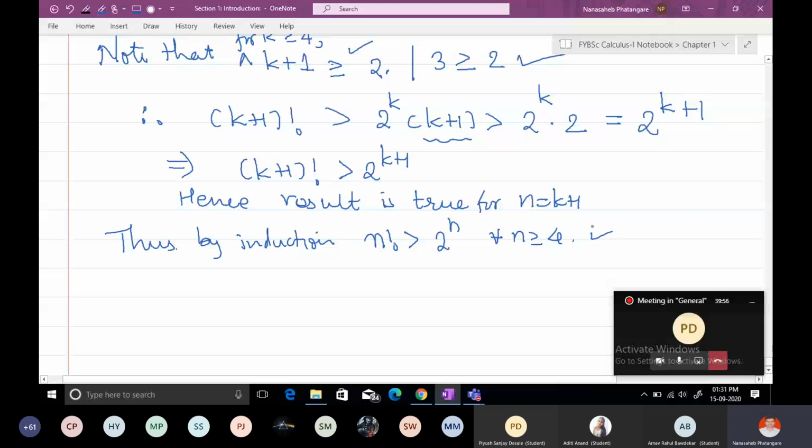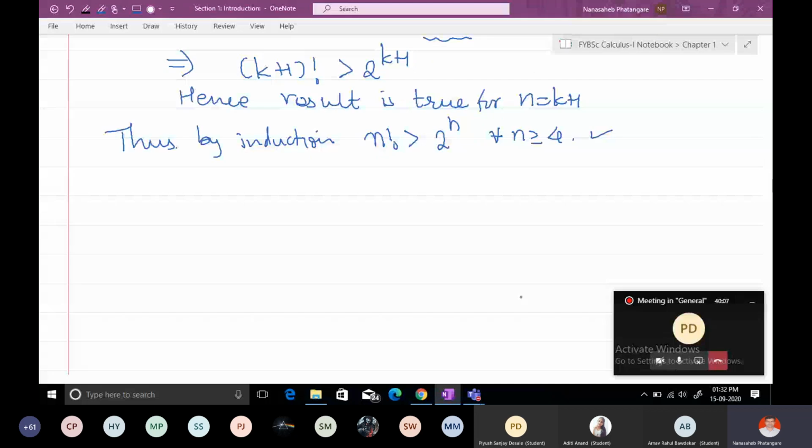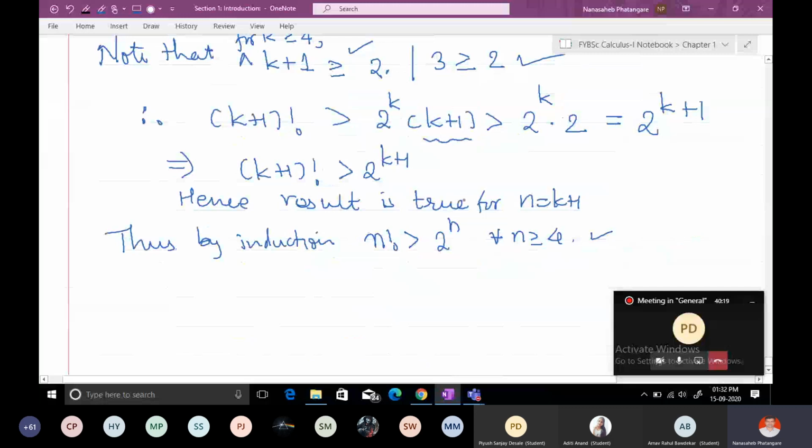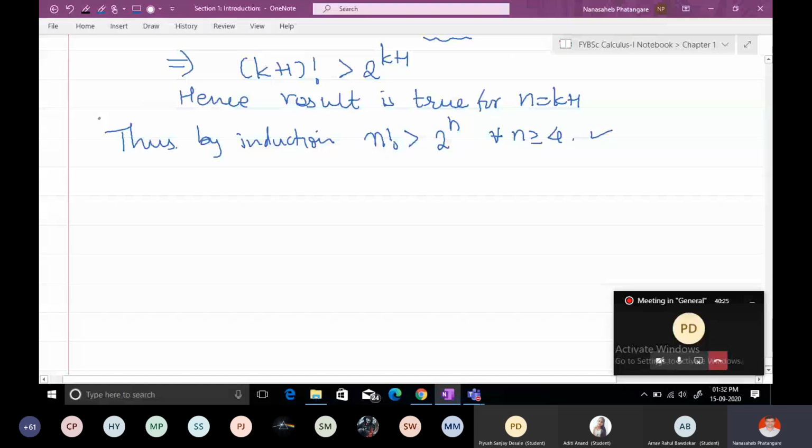Right, and for 1, 2, 3 this is not true, so this result is not for 1, 2, 3. It is after 4. Fine. So in this induction the steps are similar to what we previously discussed. Only thing is the base case could be a larger number. Now we'll see the most general version, or strong induction.